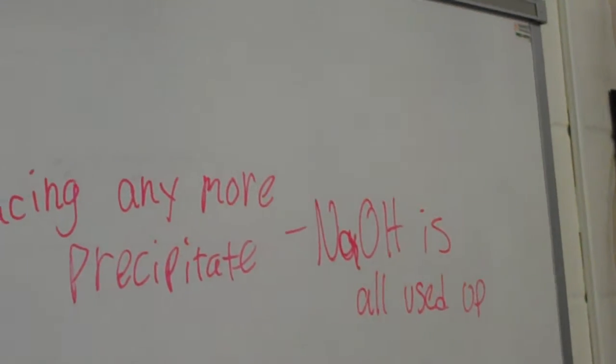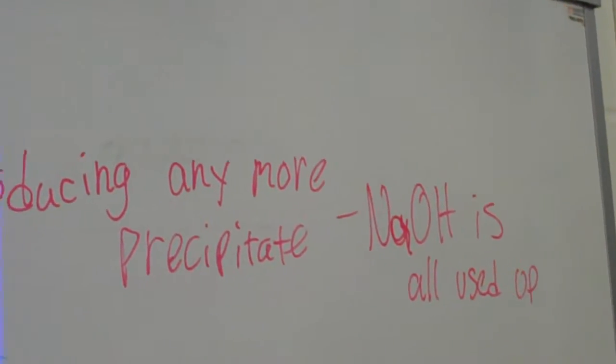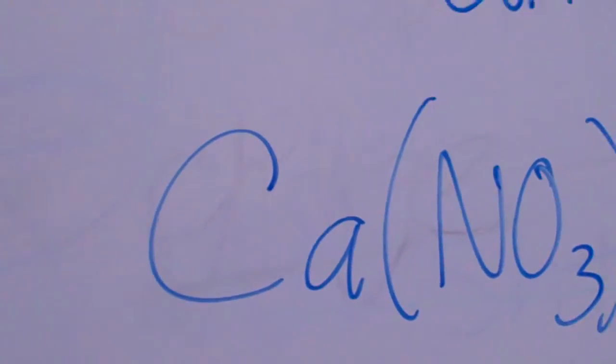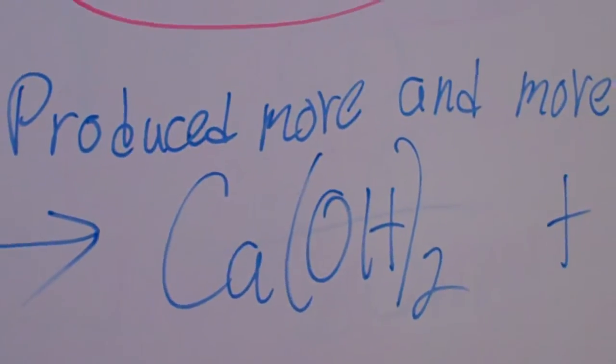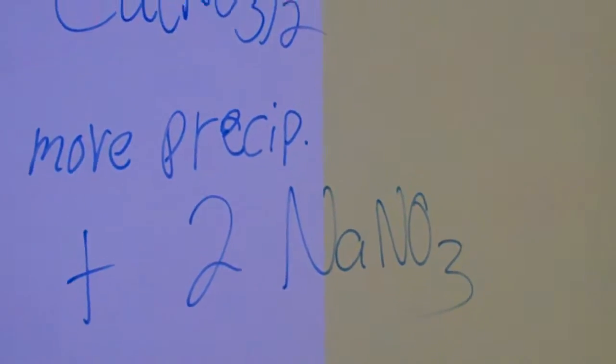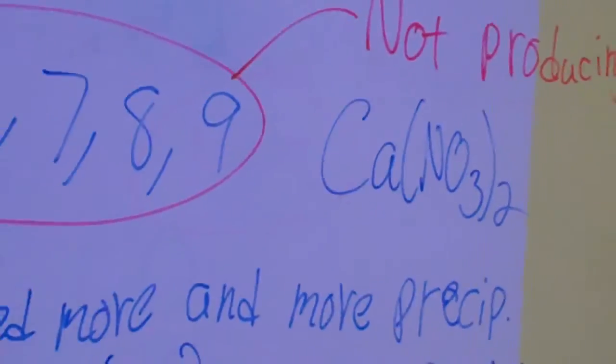So NaOH is being all used up. That was our limiting reactant in 5 through 9 of part 2. Our balanced chemical equation is calcium nitrate plus 2 sodium hydroxides yields 1 calcium hydroxide and 2 sodium nitrate. So that's our balanced chemical equation.